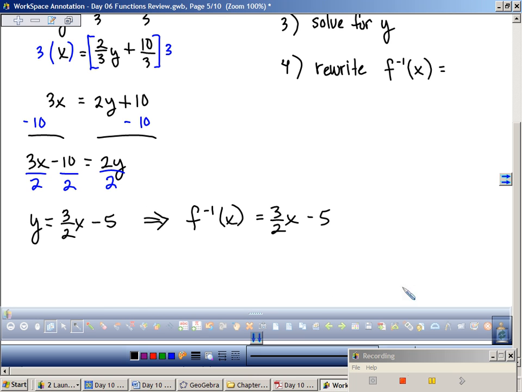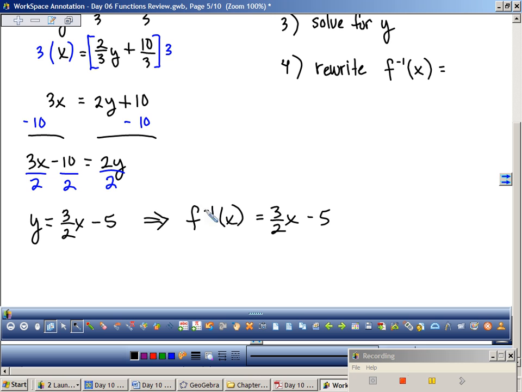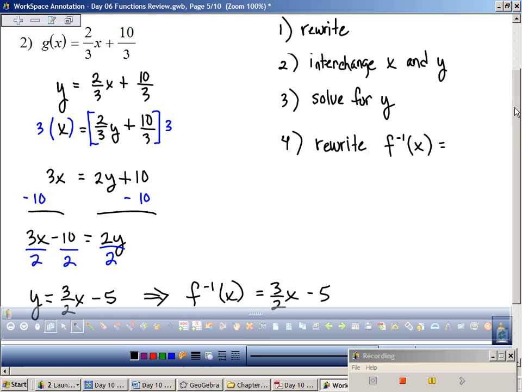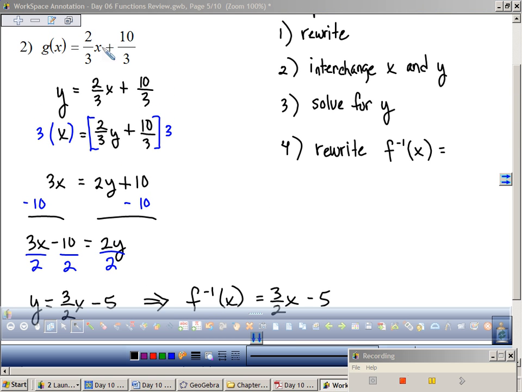Questions? Did you guys finish writing that? I'm sorry? That is what the inverse sign looks like. Right there. That is the inverse of this.